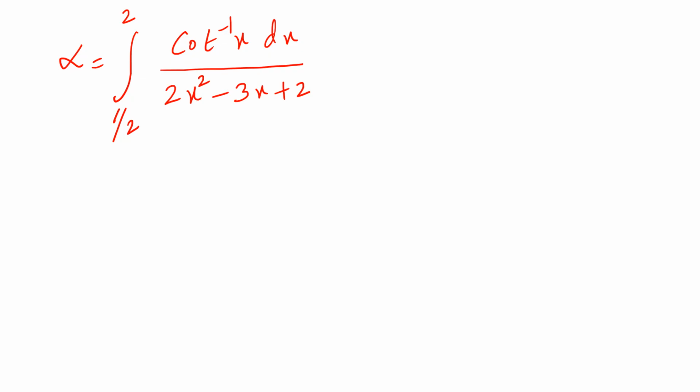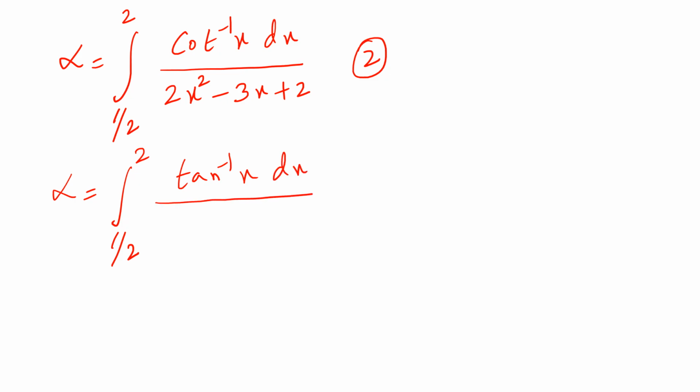I am calling this as equation number 2, and originally we had alpha equal to integral 1 upon 2 to 2 tan inverse x dx whole divided upon 2x square minus 3x plus 2. I am calling this as equation number 1.